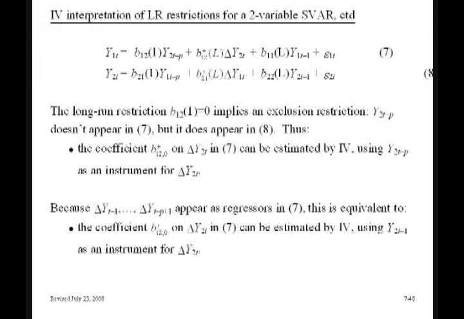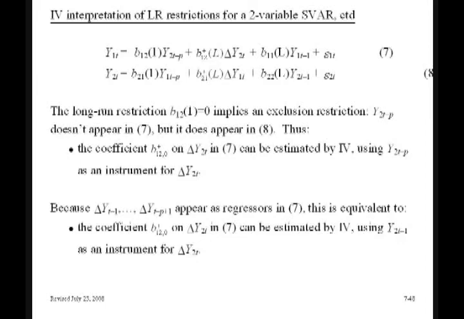All right, so if I look at that again, I'm going to be using this variable, which is going to be excluded from this equation, and I'm going to be using it as an instrument, since it's excluded, for the contemporaneous value of the change in y2. Well, I've got all these other lags in there, so that's equivalent to using y2 t minus 1 as an instrument for delta y2. All right?